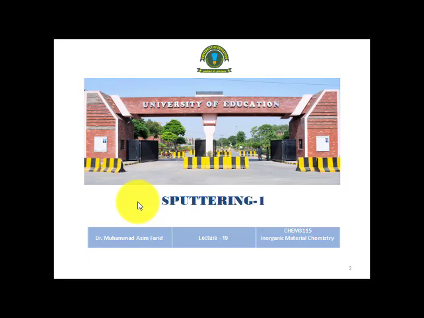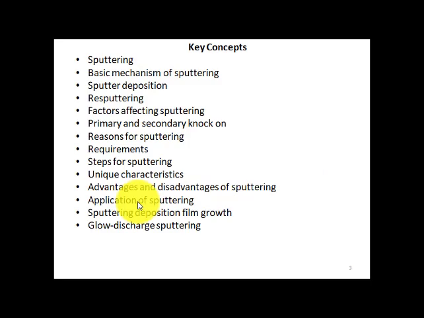The key concepts during all of this topic which we will discuss are sputtering, basic mechanism of sputtering, then we will discuss sputter deposition and a little difference between sputtering and sputter deposition.